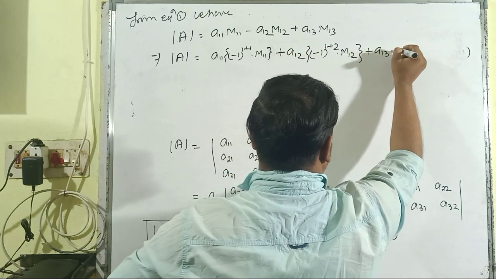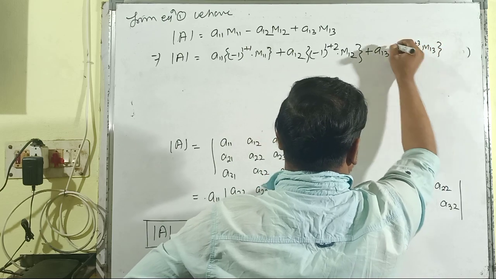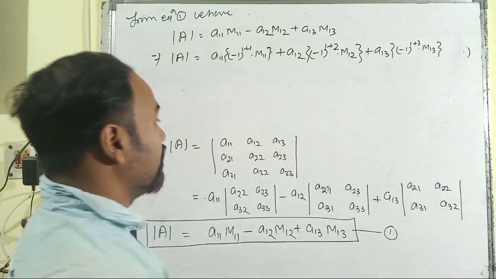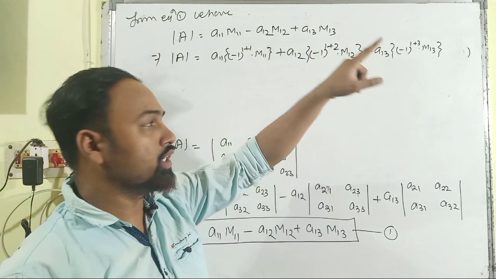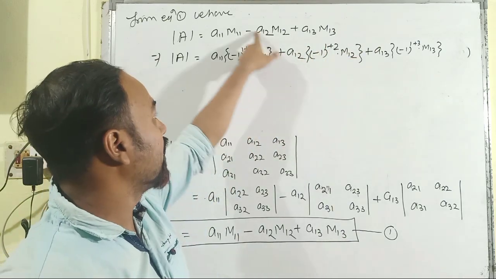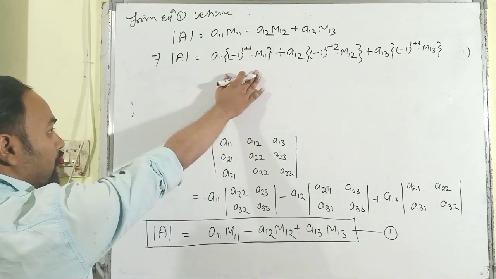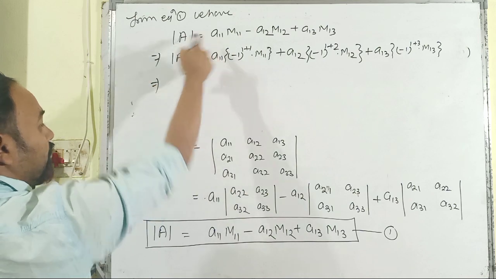Again A13 (-1) to the power 1+3 multiplied with M13. You know that (-1) to the power 1+2 is (-1) to the power 3, and it is -1, that means plus into minus will be minus. I have just formulated this step from the previous step.